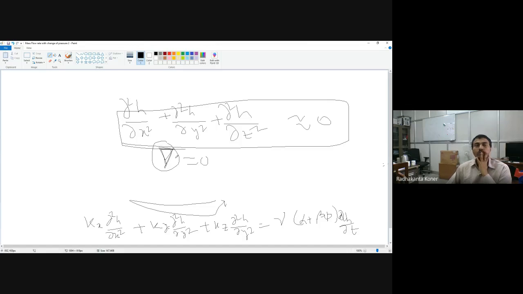This equation we will use from time to time when there is a requirement to use the flow net. Now let me start how to draw the flow net and the rest of the things.